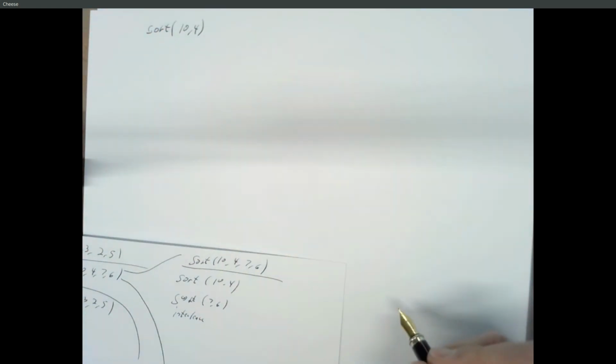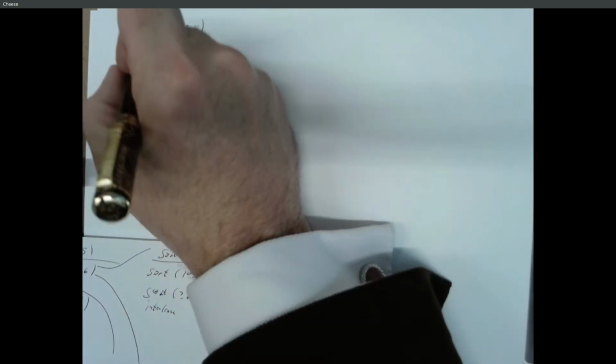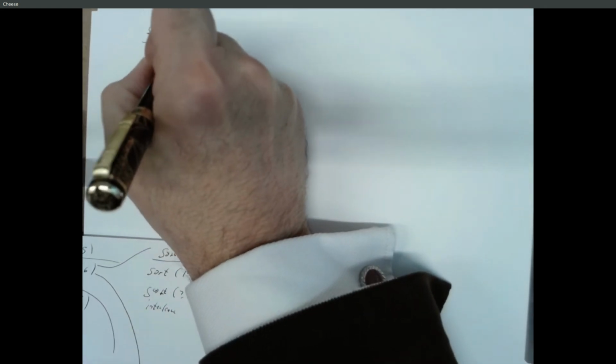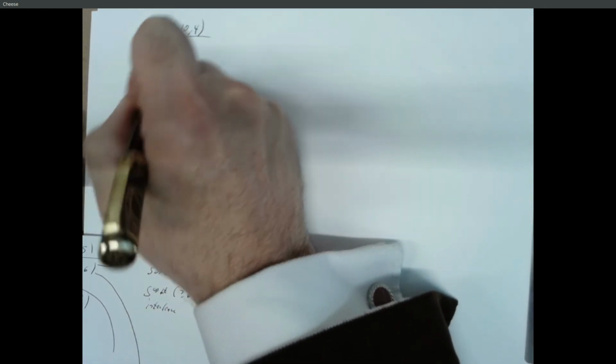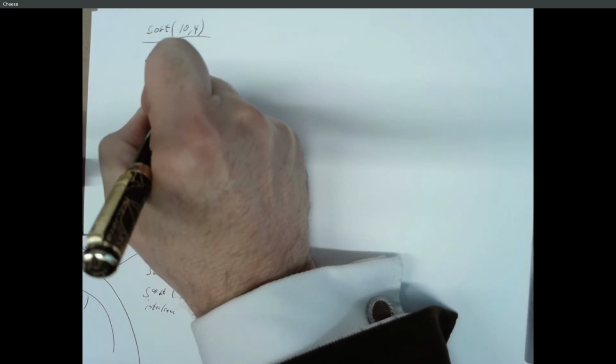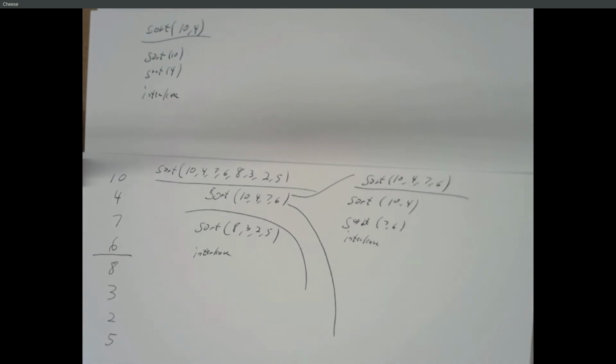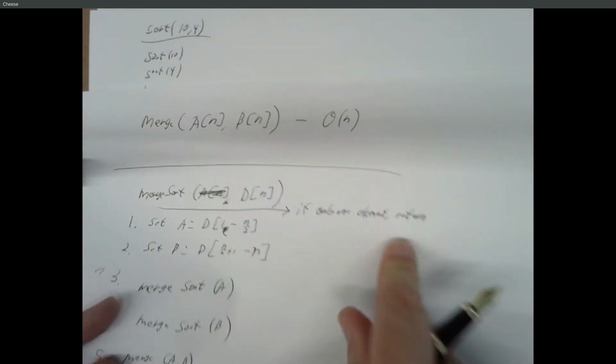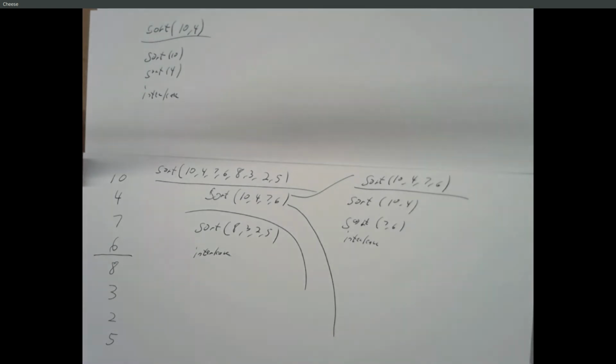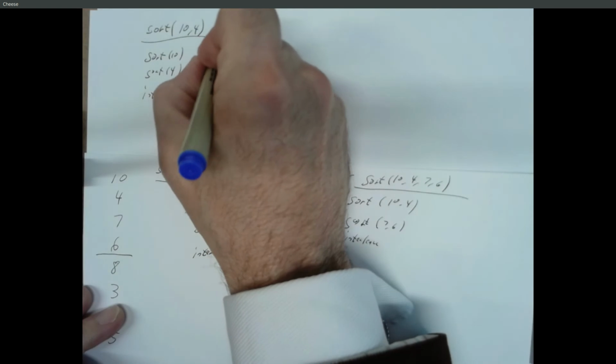Alright, so how do we sort 10 and 4? Break it into 2 pieces and then interleave. So when I call merge sort on 10, I'm going to say if there's only one element, just return. So the result of sorting 10 is just going to be the number 10.